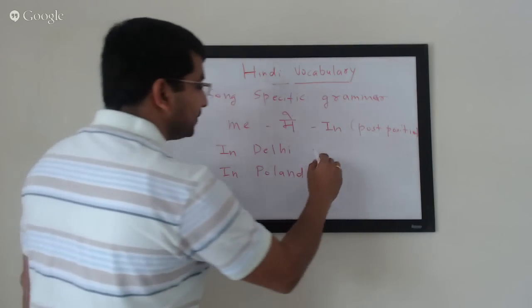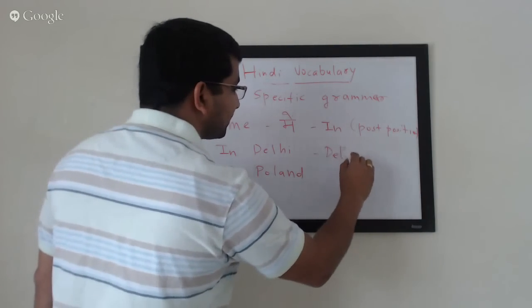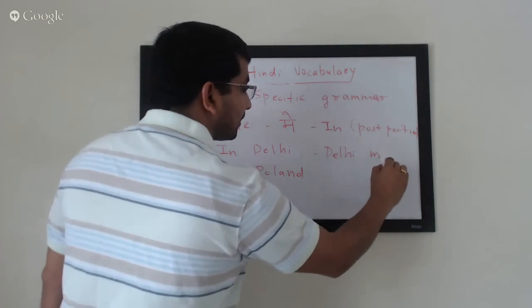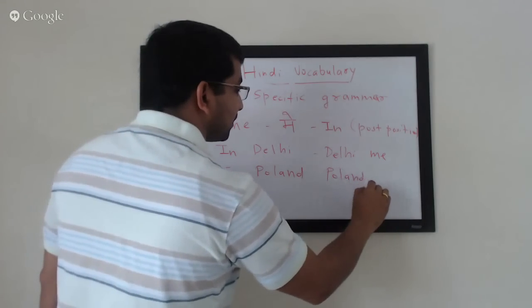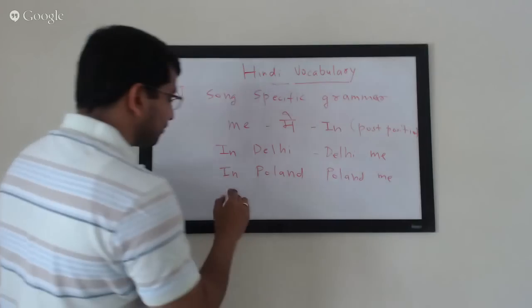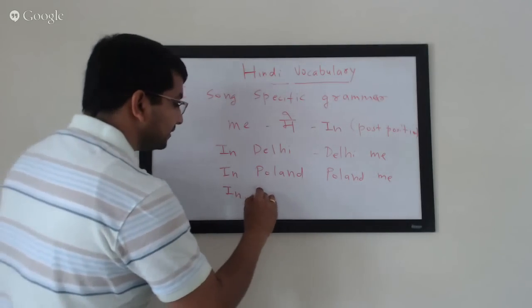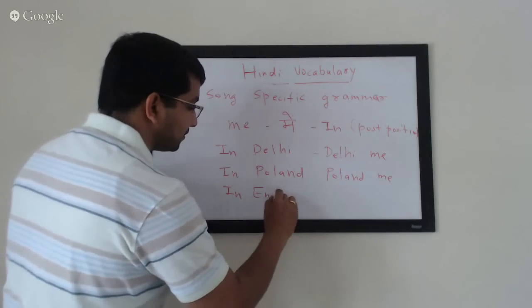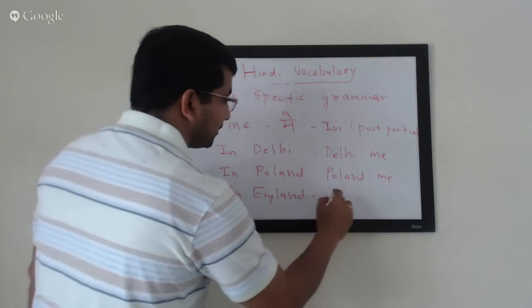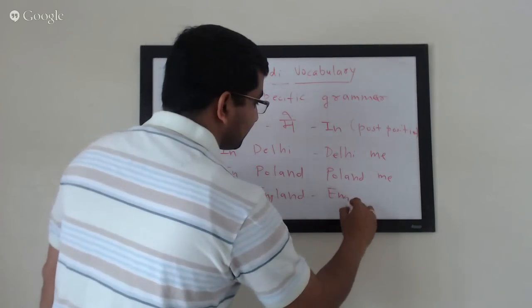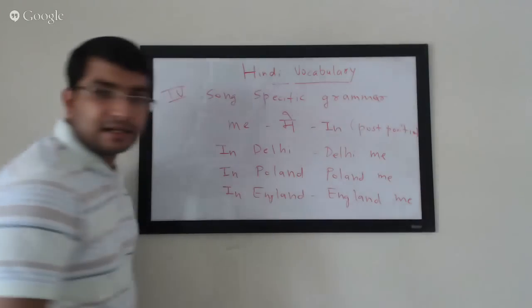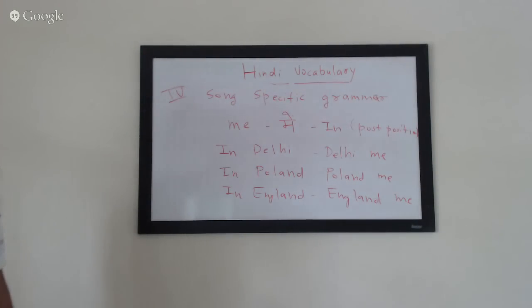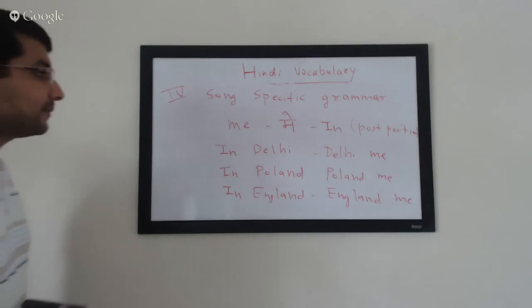In Hindi, it would be Delhi में or Poland में, or you have in England, you have England में, in England, right? This is the format we're using in Hindi.